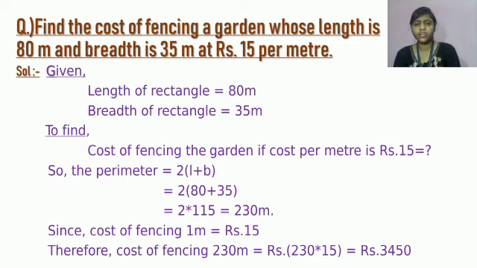Now since cost of fencing 1 meter of garden is given as 15 rupees, therefore cost of fencing the whole garden, that is 230 meter, is equal to rupees 15 into 230, that is rupees 3450. Thus the cost of fencing the whole garden at rupees 15 per meter is rupees 3450.